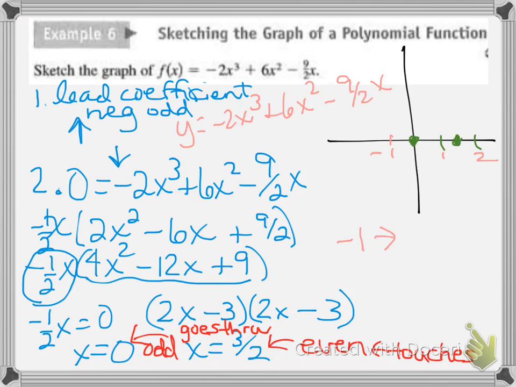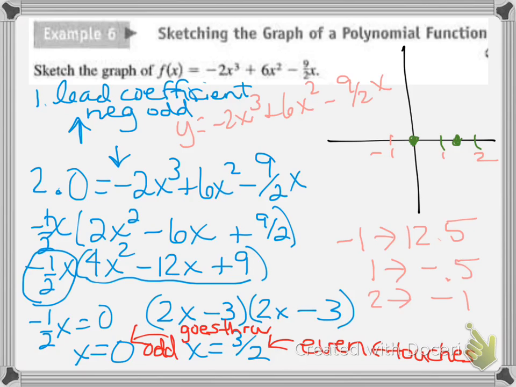Good news, I have mine up and running. So negative 1 as an input gives me an output of 12.5. 1 gives me an output of negative 0.5. And 2 gives me an output of negative 1.